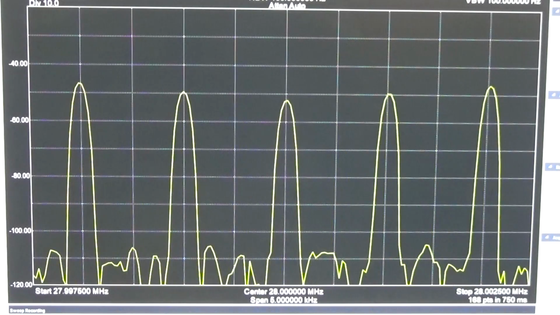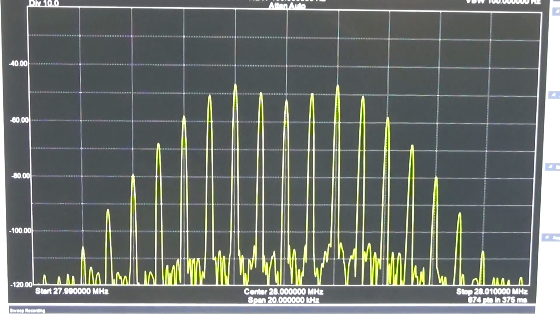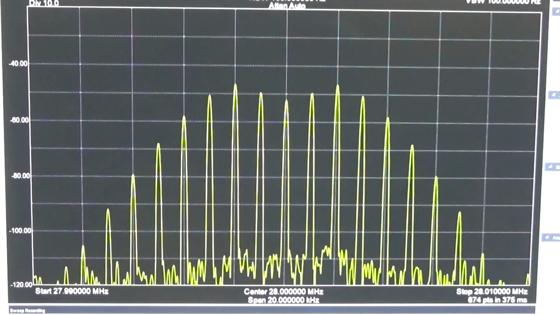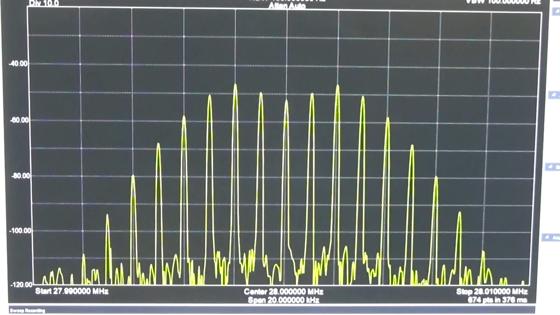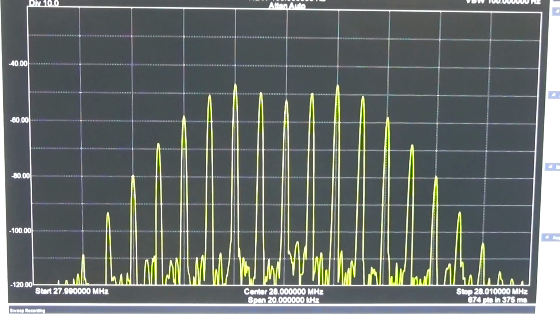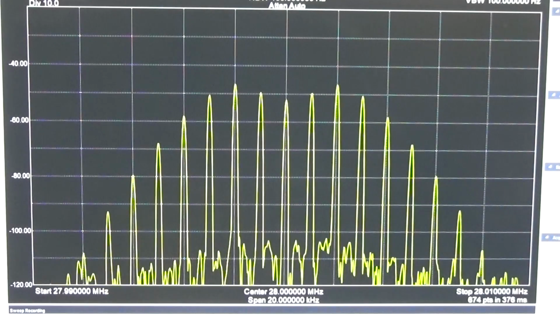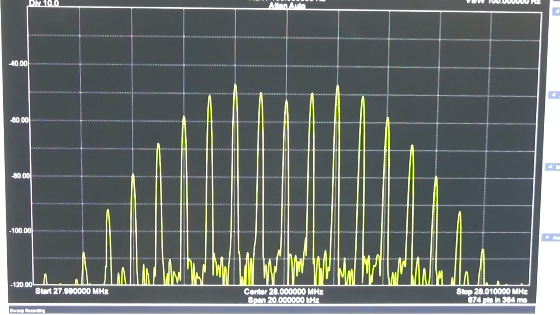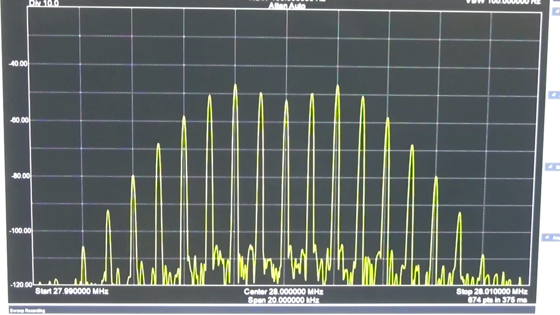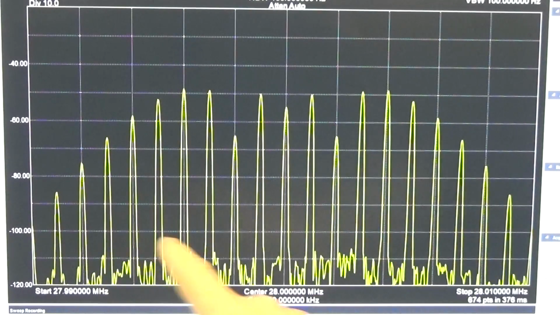So let me go back here to a form where we can see the entire signal, and that is what I have here. And I have here a dedicated deviation, and now I increase my deviation to a higher deviation. So let me show you what that means. I put now a higher deviation here to the signal and see what happened.